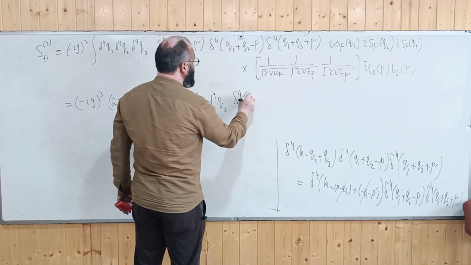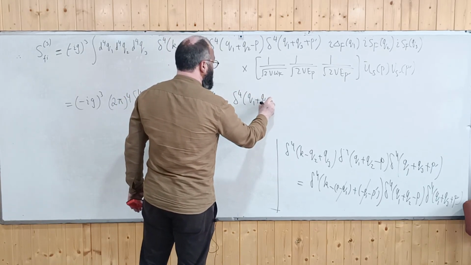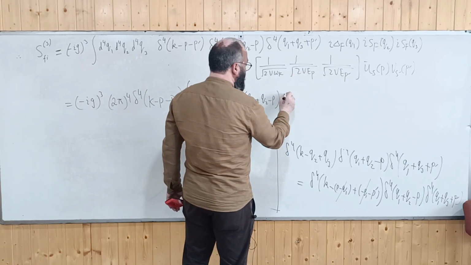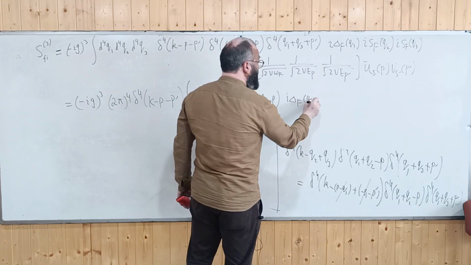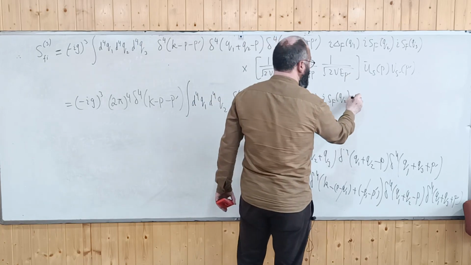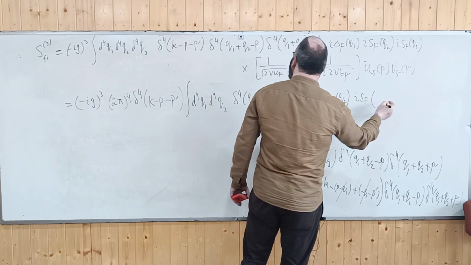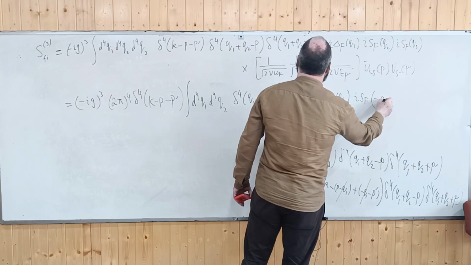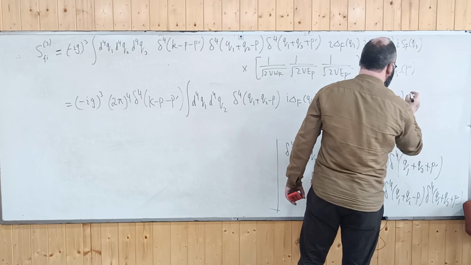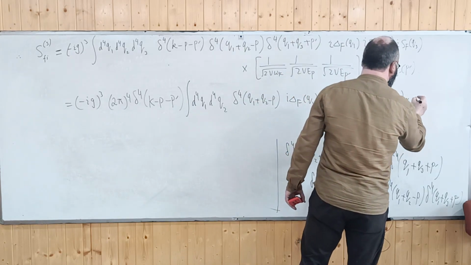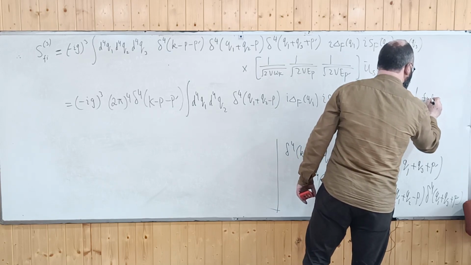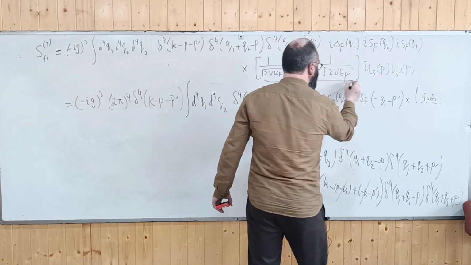So you have then delta 4 of q1 plus q2 minus p. You are integrating over q3, so it will be i delta F q1, i S F q2, clear? So that will be i S F of minus q1 minus p prime, and then you have all these factors. So let me call these the factor.